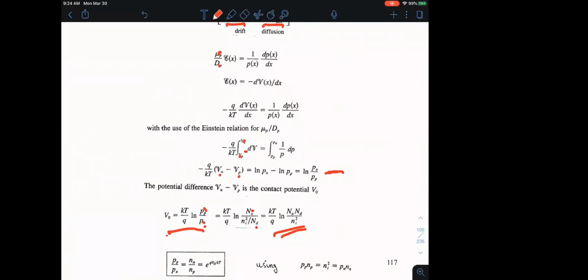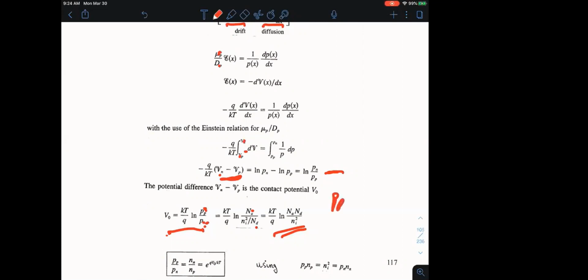So the ratio of the majority carrier concentration to the minority carrier concentration, the log of that gives you the V naught. That's what is over here. And if you simply invert that, the ratio of the majority carrier concentration to the minority carrier concentration is e to the power qV naught over kT, right?